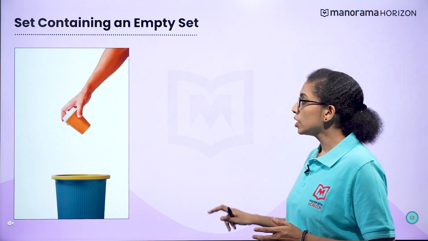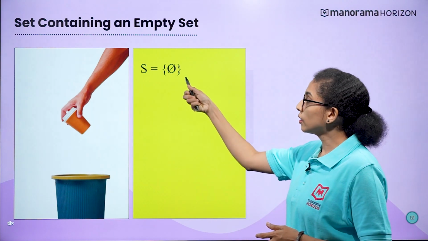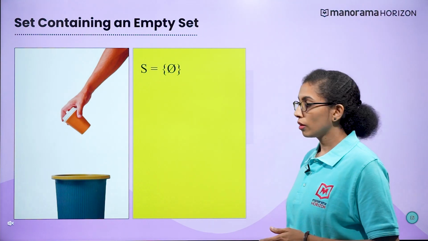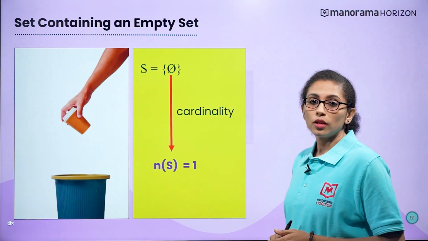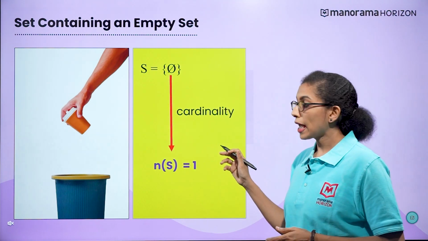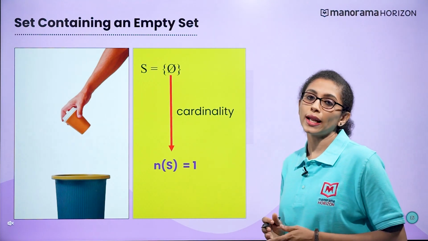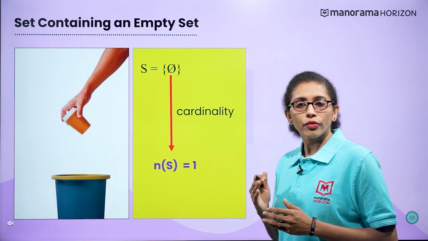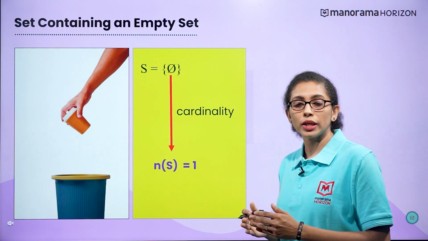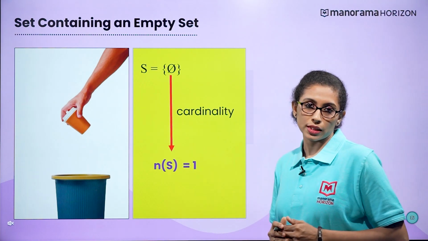So we have the set S = {phi}. Here the cardinality of the set, n(S), is equal to 1. Therefore, it is not an empty set. Thus, we have observed the difference between an empty set and the set containing the empty set.